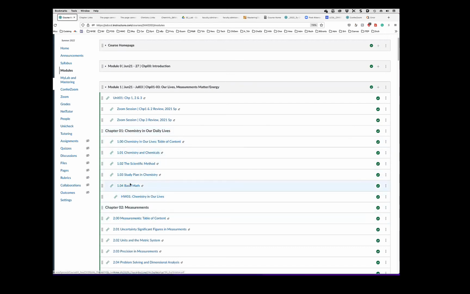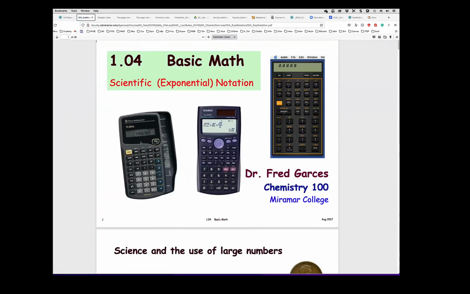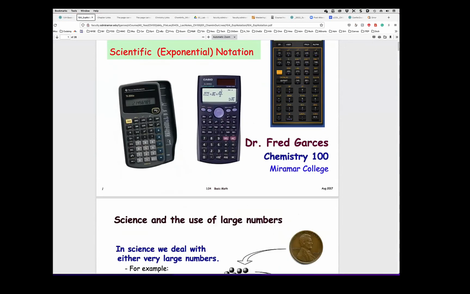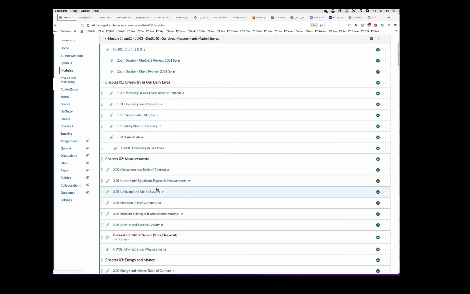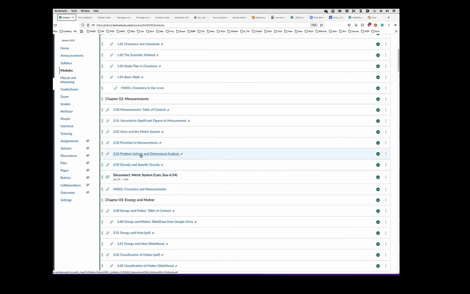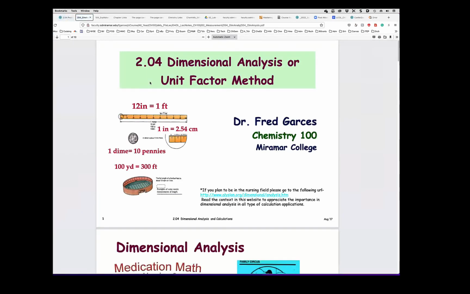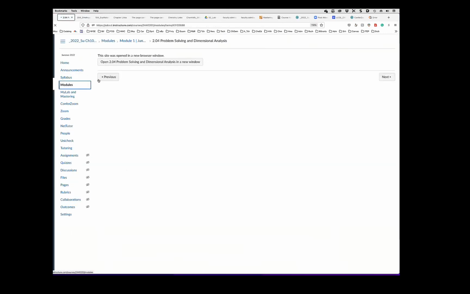And then if you go through these, okay, these are the lecture notes for that. Math basics, okay. Problem solving, okay. These are it right here.